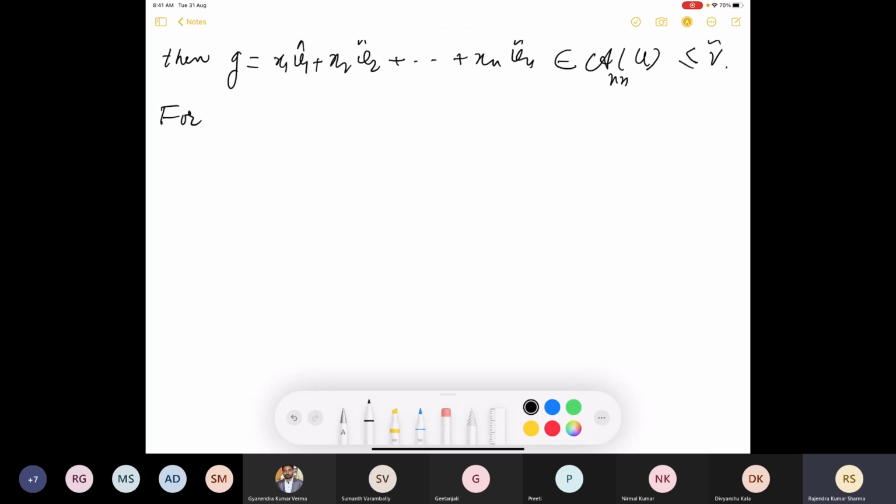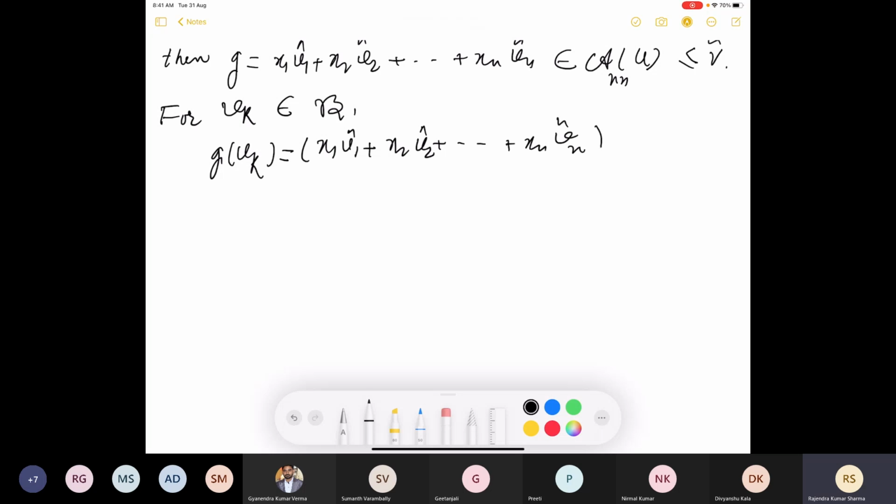So for say vk here in the basis B, what is G vk? G is x1 v1 hat plus x2 v2 hat up to xn vn hat, applied on vk.